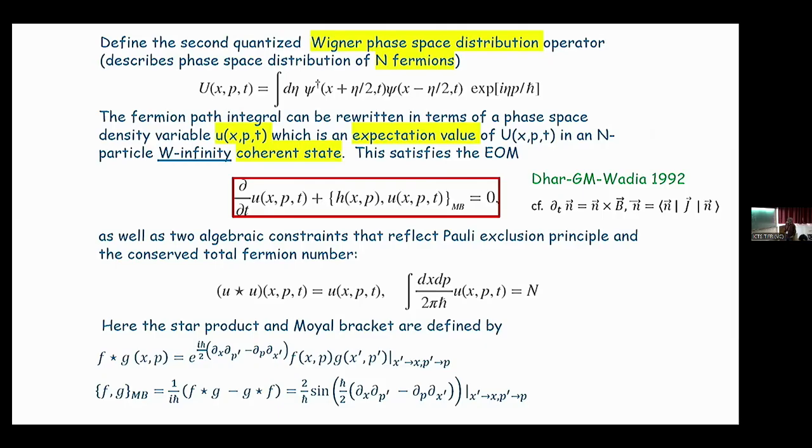Anyway, you can derive from there that the Schrödinger equation that I described in the previous slide leads to this Moyal bracket relation. So this is like a quantum level equation for the time derivative of u. And this u variable here, just like in this example the spin is actually a unit vector in 3 dimensions, similarly there's a relation here which is like u star u, the star product of u with itself, is u.